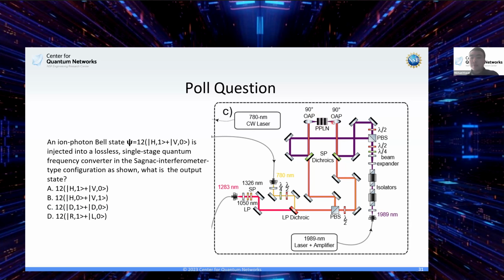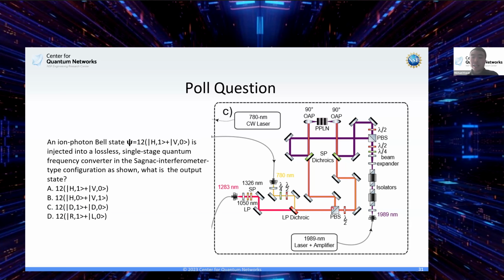And on the return trip, it remains a V polarization and reflects back on this PBS and gets transmitted through this dichroic mirror that allows 1283, but does not transmit 780.